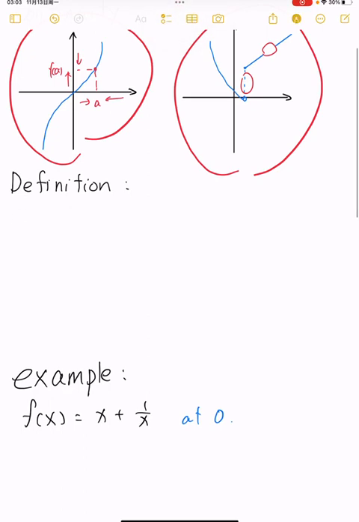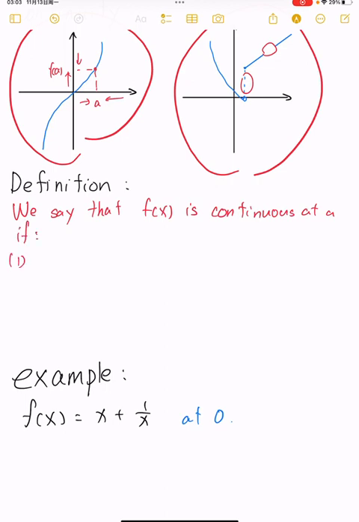We say that f of x is continuous at A if, first, f of A exists.